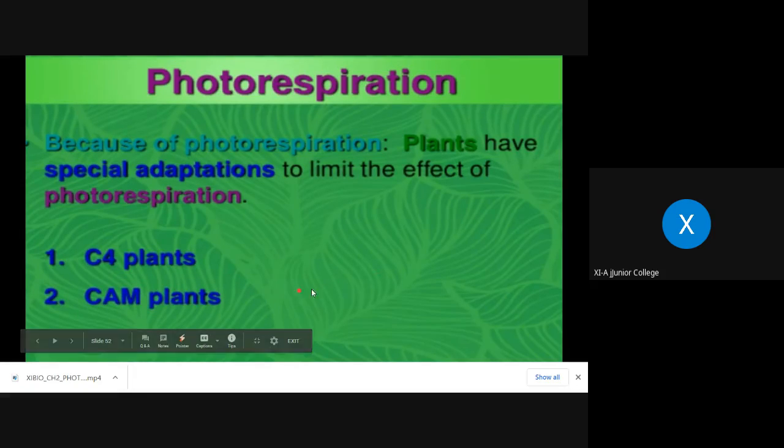So plants have special adaptations to limit the effect of photorespiration. That means whatever loss of CO2 is there because of photorespiration is reduced to some extent, and these plants are able to photosynthesize at a proper rate.